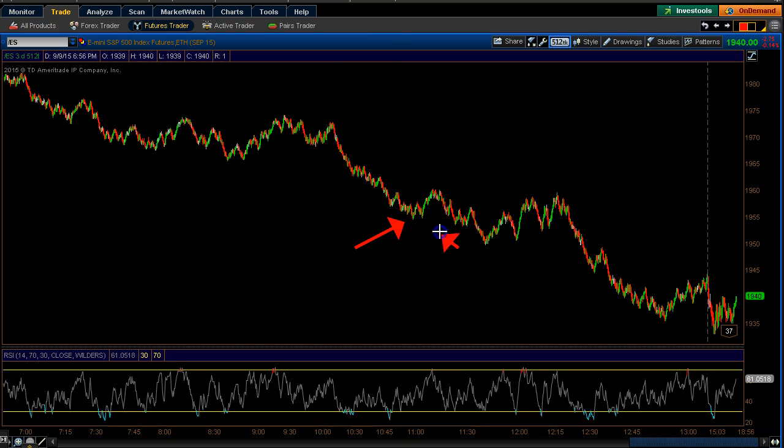The W formation, something like this. We actually have another one right here, and what these are is price comes down, comes back to a double bottom, and then price extends. Those are called W patterns.